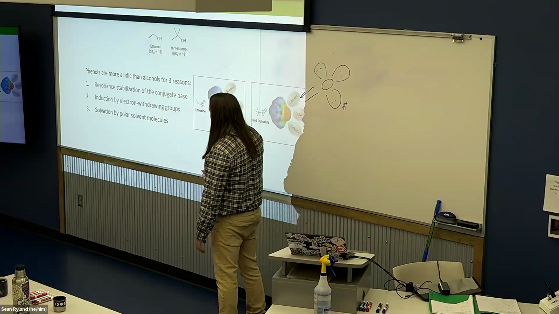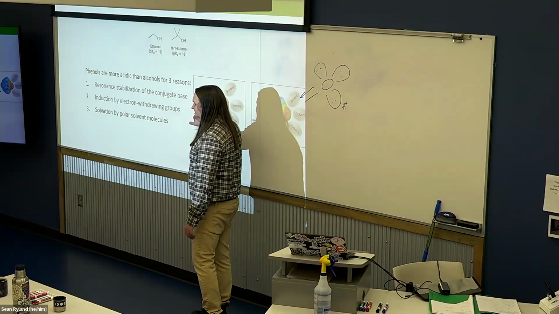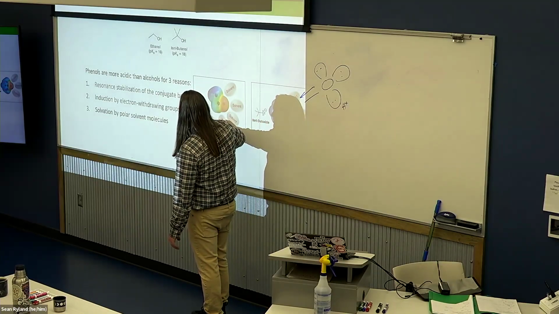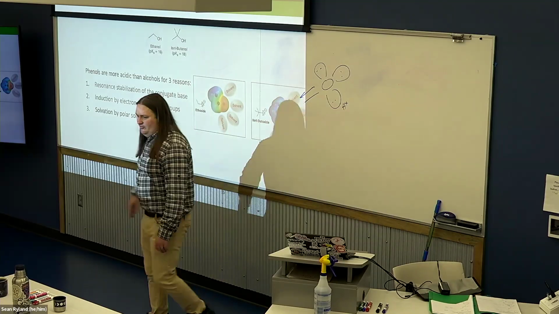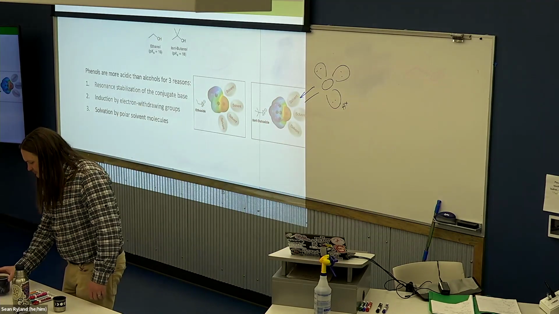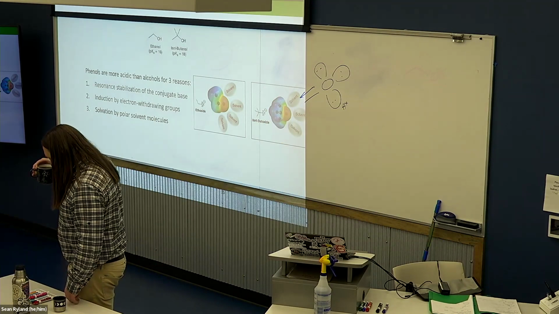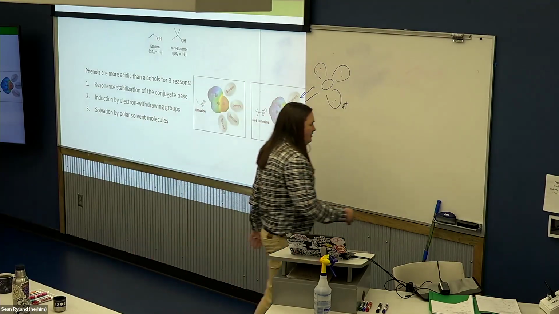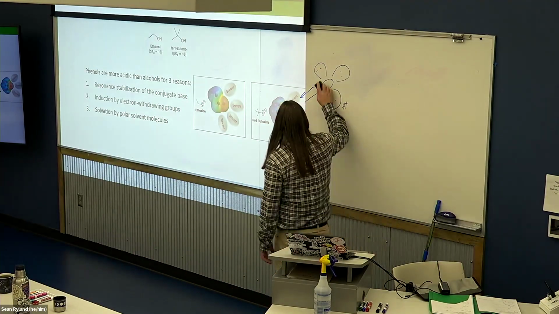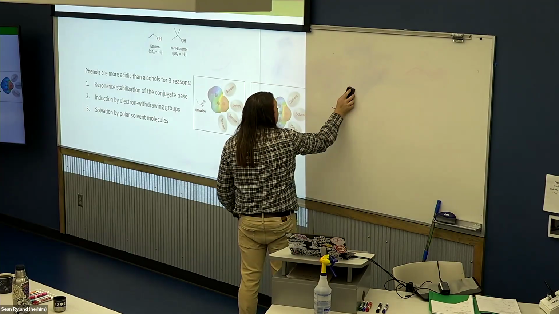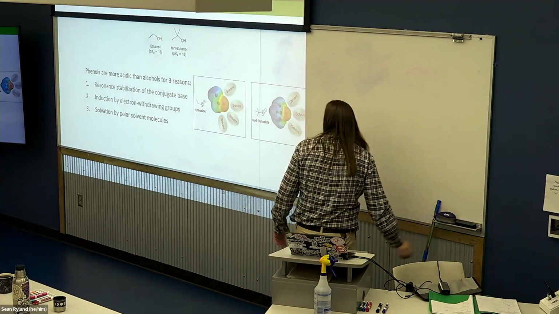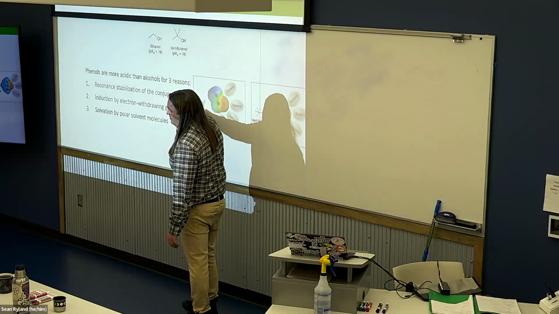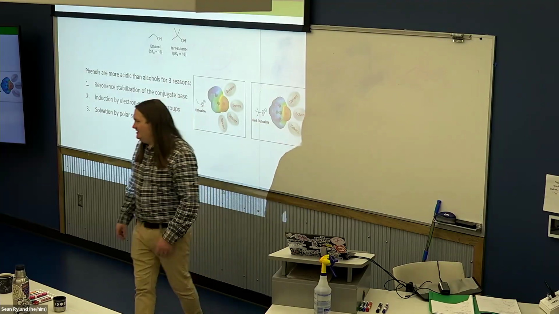With protic solvents, we basically could make our nucleophiles less nucleophilic by surrounding them with positive charges from the solvent molecules. So the more that you can stabilize your product with solvent molecules, the more acidic it's going to be.